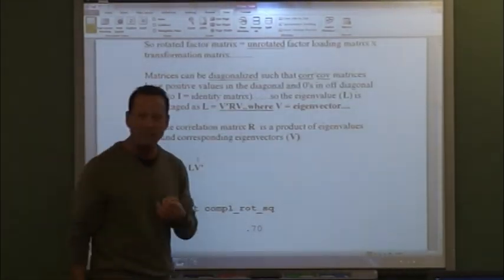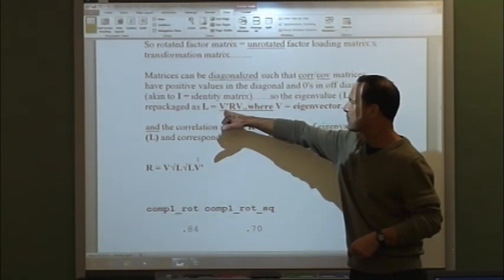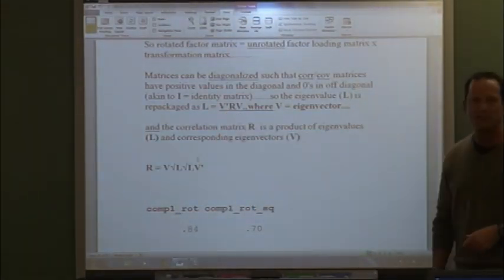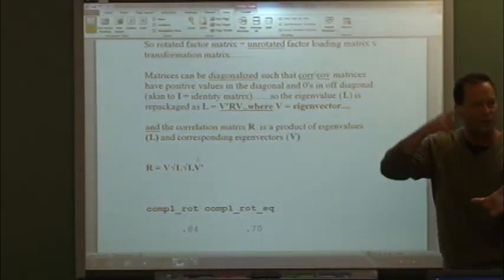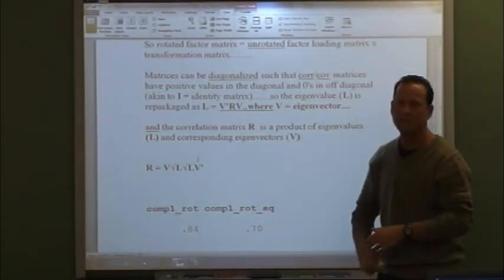So I'm not going to get knee deep into the matrix algebra, but matrices can be diagonalized. What does diagonalized mean? It means the correlation covariance matrix has positive values in the diagonals and zeros in the off diagonal, which is kind of like an identity matrix. So the eigenvalue is repackaged as a function of an eigenvector. There's a vector that corresponds to each eigenvalue uniquely, times R, which is the correlation matrix.